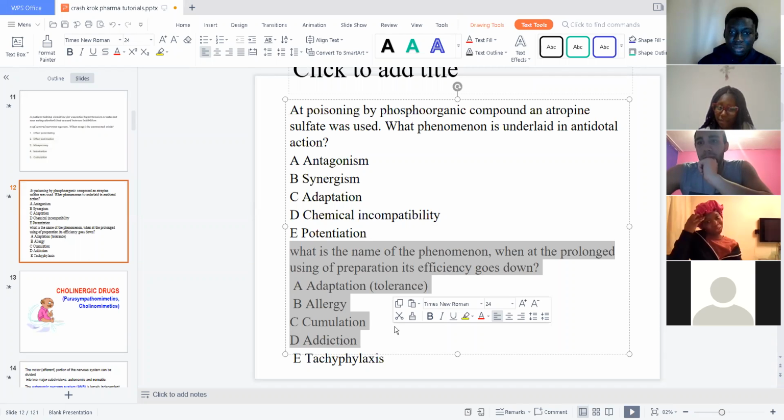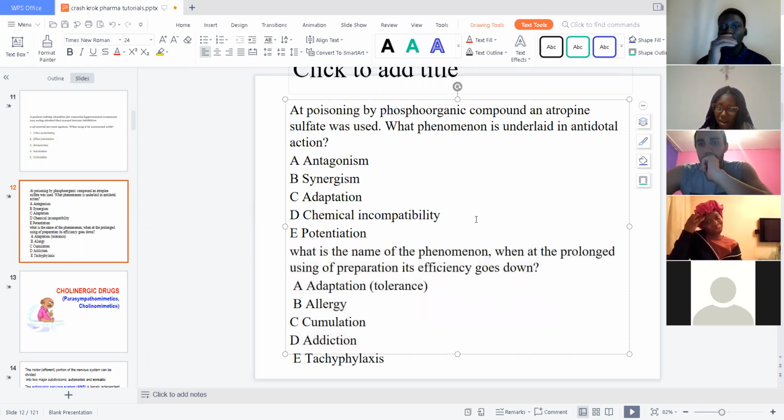What's the name of the phenomenon when, with prolonged use of the preparation, its efficiency goes down? Addiction, tolerance. With prolonged use of the preparation, efficiency goes down.